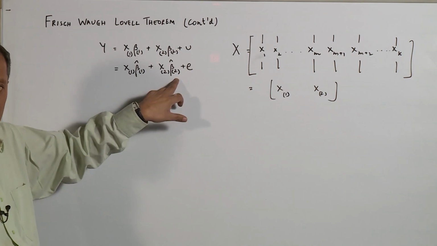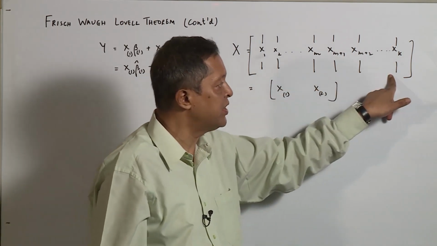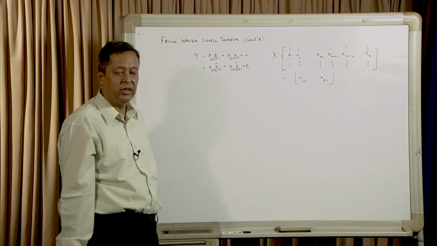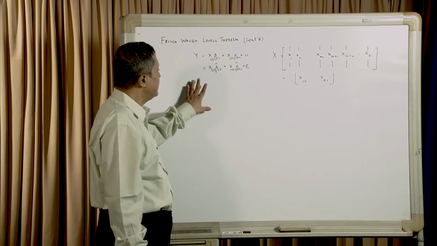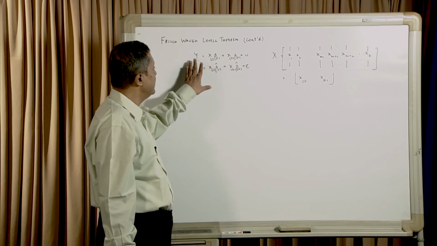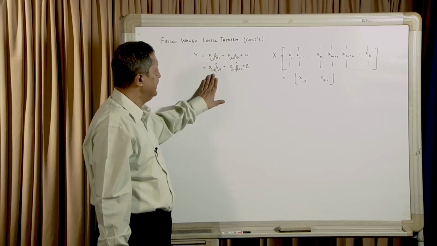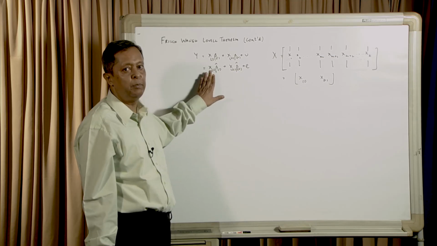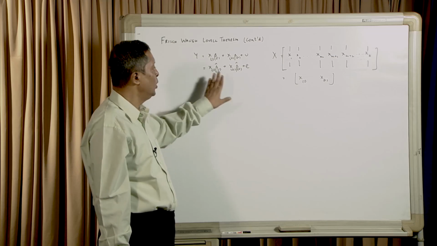If you want beta 2 hat only, the betas associated with the second set of variables, then how do we go about it? What is the general principle that we had already discussed and elaborated? Basically, we will cleanse y of X1 and obtain pure y, then we will cleanse X2 of X1 and get pure X2, and then we will regress pure y on pure X2.